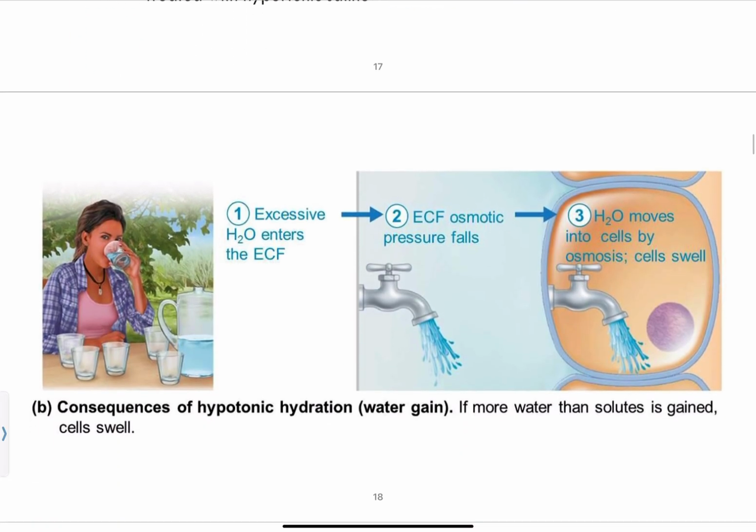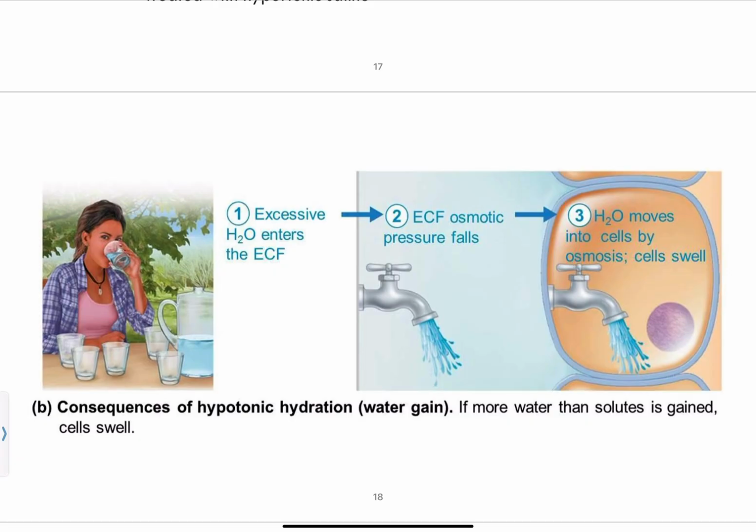So what happens if we decide to overhydrate ourselves, which is called hypotonic hydration? The osmolality of our extracellular fluid is going to fall because we're diluting how much solute we have per volume of water.